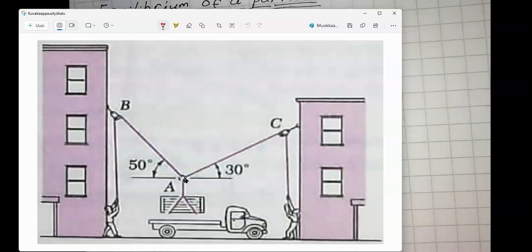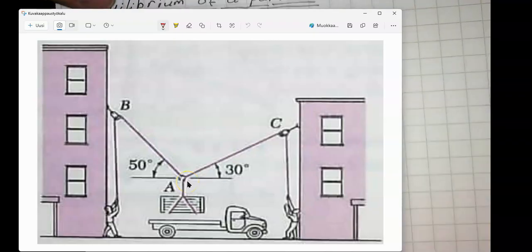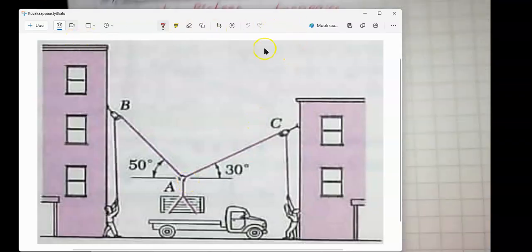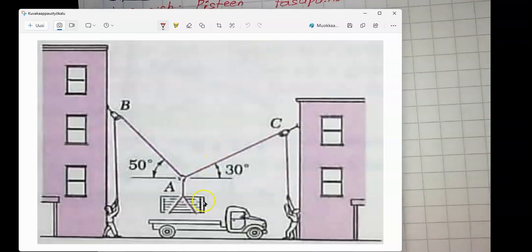Let's draw a so-called free body diagram of this problem, and we are focusing our view on the small space around this point A. It was said that the weight of this box is 75 kilograms.